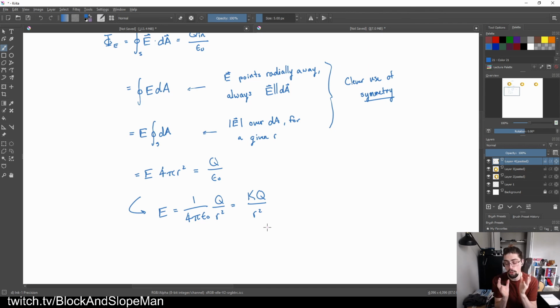As long as we have a spherical symmetry to our charge, it doesn't matter what that actual object is. It doesn't matter if it's 3 shells intertwined with each other, something like that. As long as they share that spherical symmetry, it's going to behave like a point charge as long as we're outside of it. And that's a pretty incredible result.